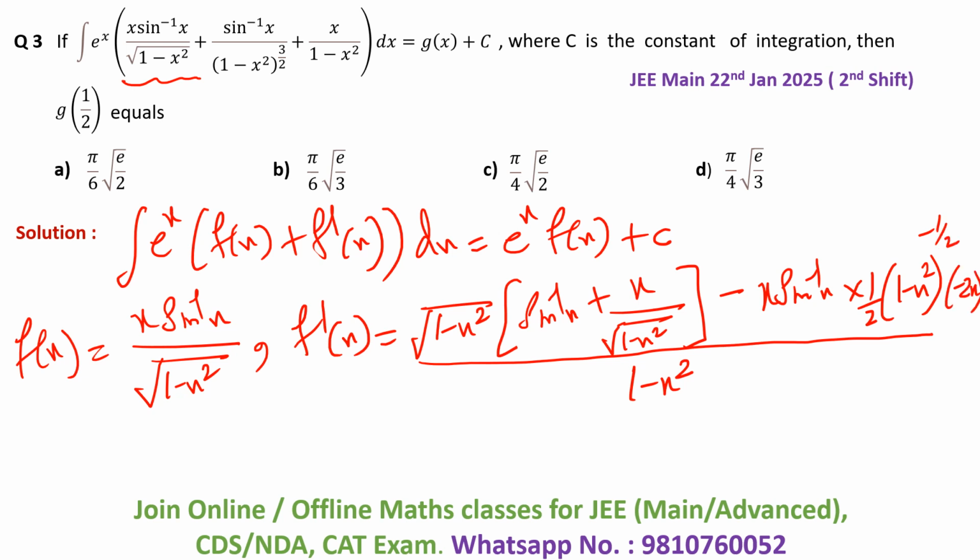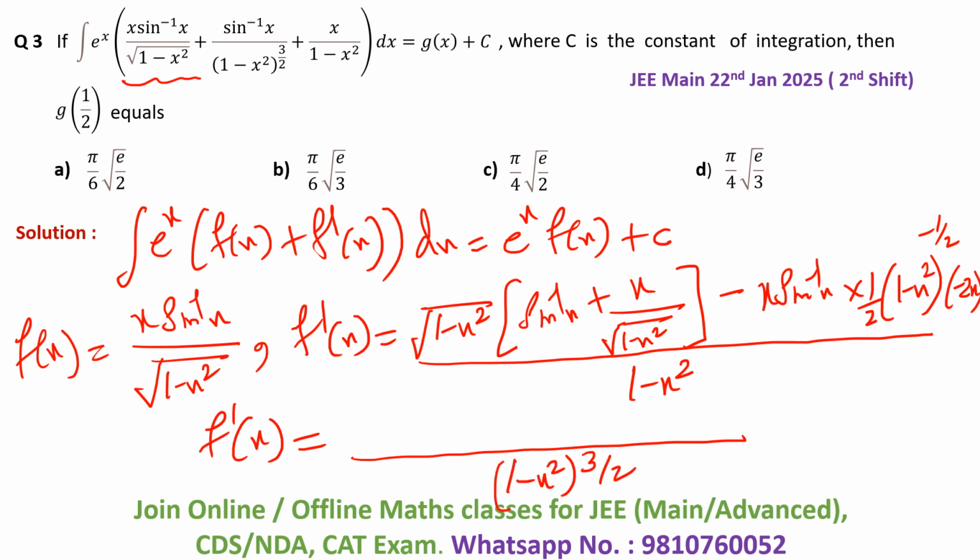Now students, just do the calculations and simplify this expression. In the denominator, we will be having (1 minus x square) whole power 3 by 2. And in the numerator, we will be having x into square root of 1 minus x square plus (1 minus x square) into sine inverse x plus x square into sine inverse x.